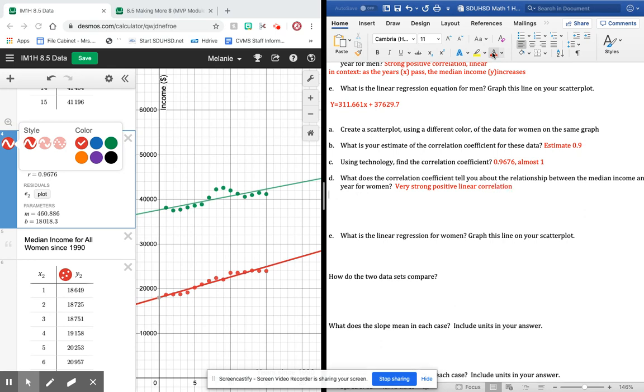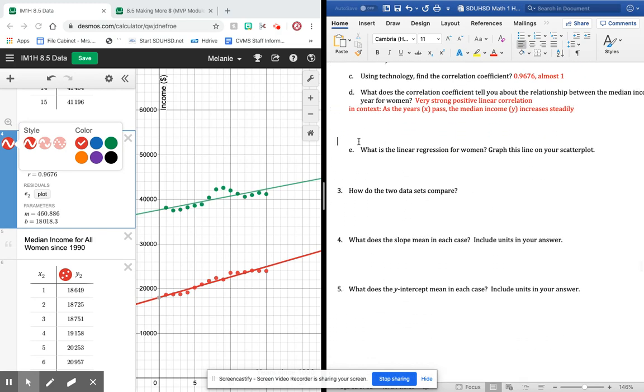And then in terms of context, let's say as the years, which is our x, pass or increase, the median income, which is our y, increases. And I'm just going to add steadily, because it's almost 1, right? So it's very steady that it increases.